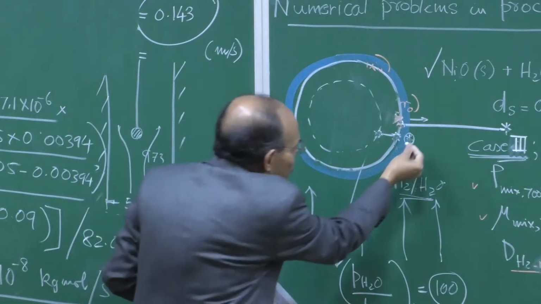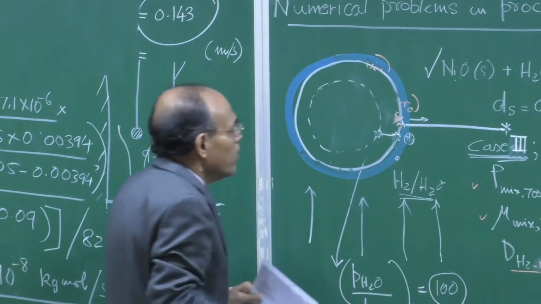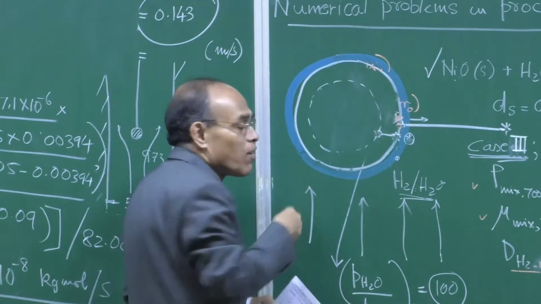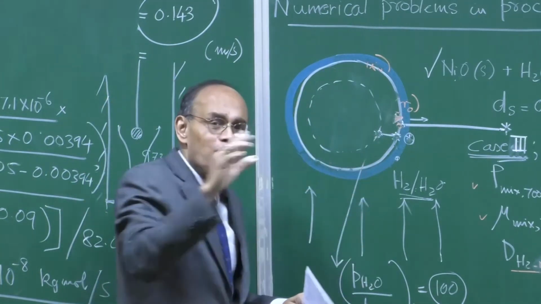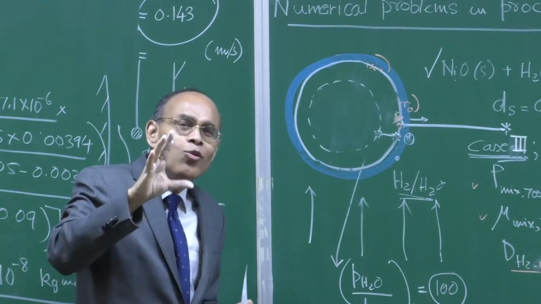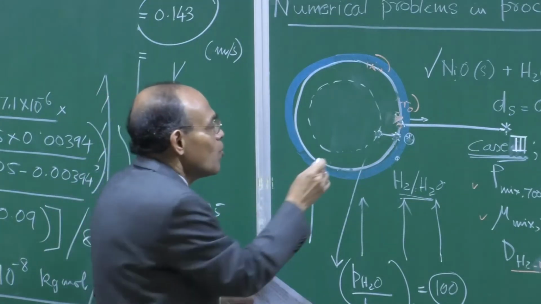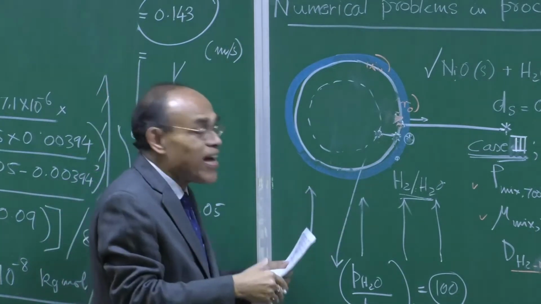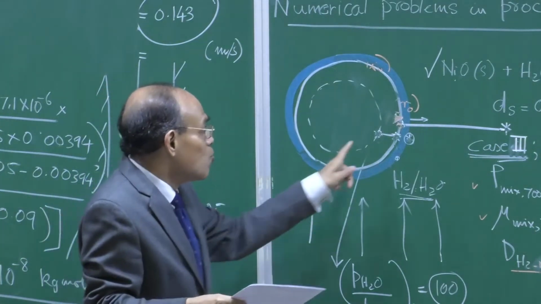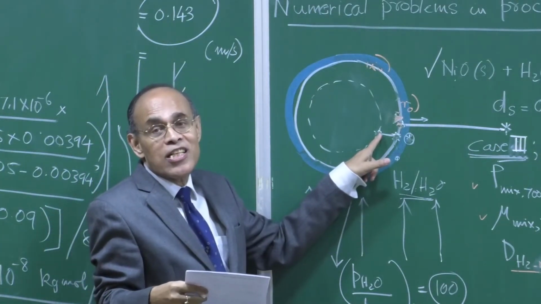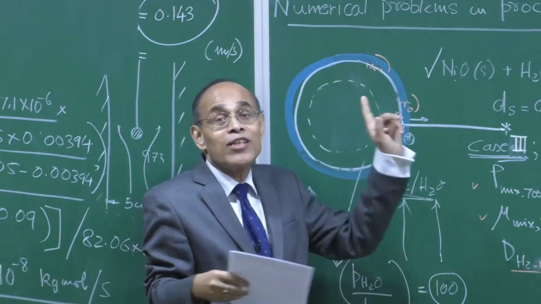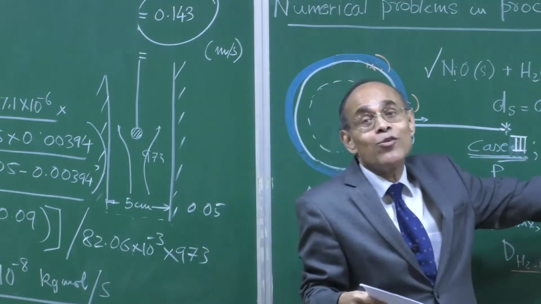So, whatever hydrogen is transported across the boundary layer, that hydrogen is available right up to the interface and therefore, the rate of the chemical reaction is going to be closely equal to the rate of boundary layer mass transfer, and these two equations will provide us a way to circumvent this particular concentration and express the entire phenomenon in terms of only the bulk concentration which is given to us in the problem.